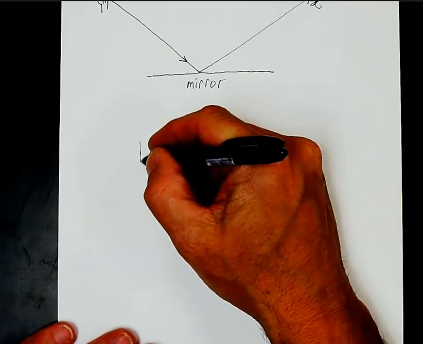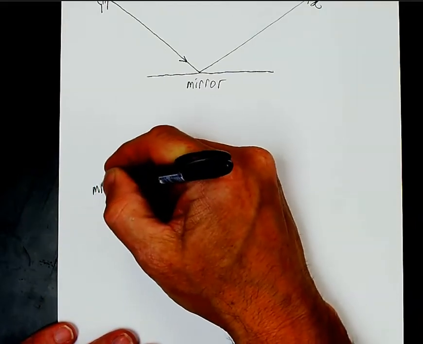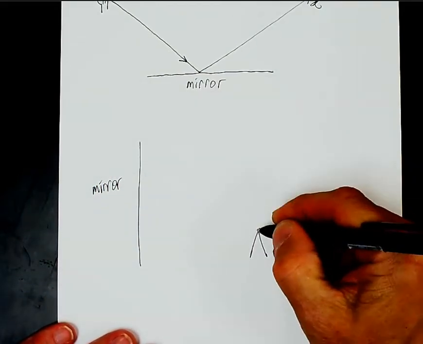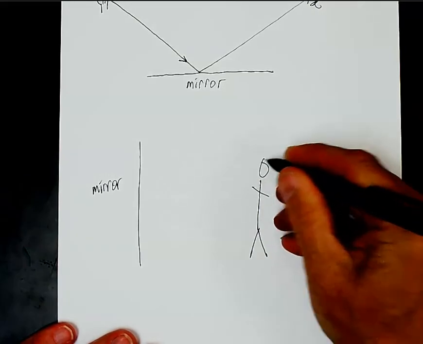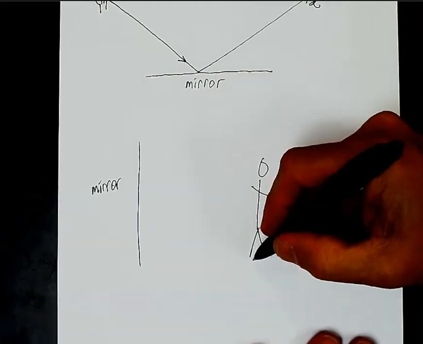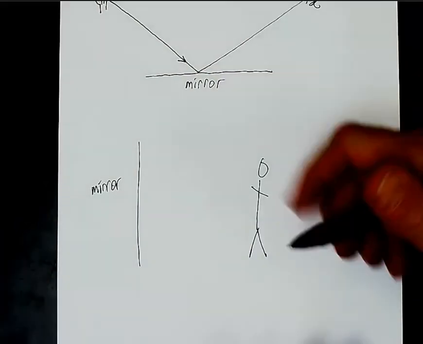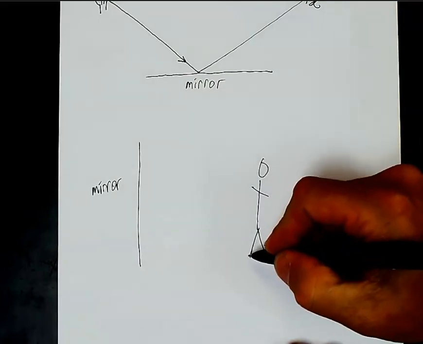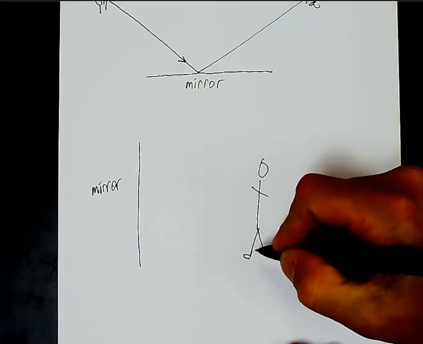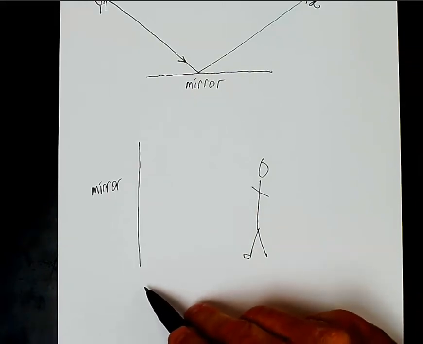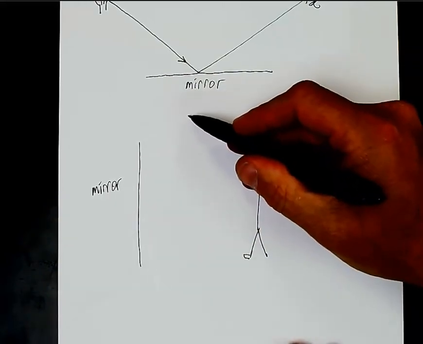What if the mirror is... and you are standing over here, and you want to look at your feet in the mirror. Well, I know light from my feet goes everywhere. First of all, the sun is shining down, hits my foot, and reflects off my foot. And if you were standing over here, you would see my foot. If you were standing over here, you would see my foot.